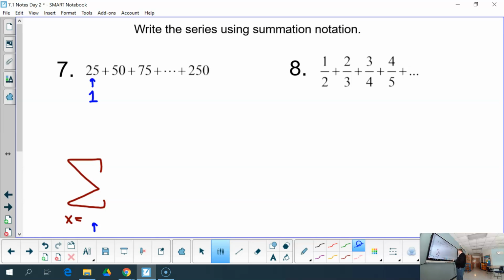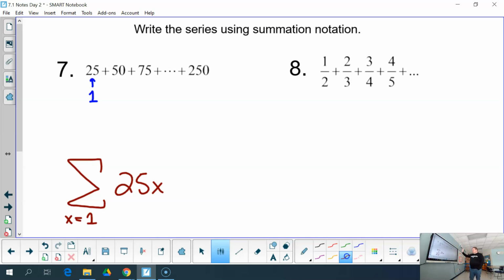So down here, we would say that x starts at 1. Then, if that's my first term, and it looks like I'm going up by 25 every time, I can say that my rule is 25x.